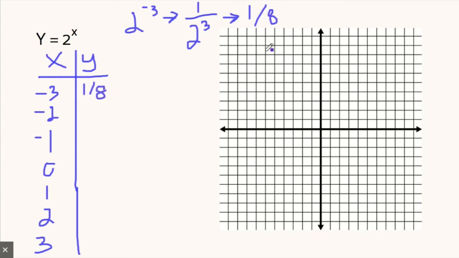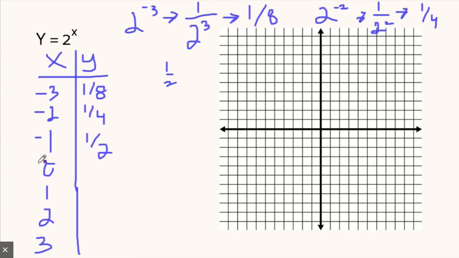When we plug -2 in, it's going to be 2^-2, same thing as 1 over 2 squared, which is equal to 1/4. -1 is just going to be 1 over 2. Anything to the 0th power is going to be 1. 1 is going to be 2, 2 is going to be 4, and 3 is going to be 8.